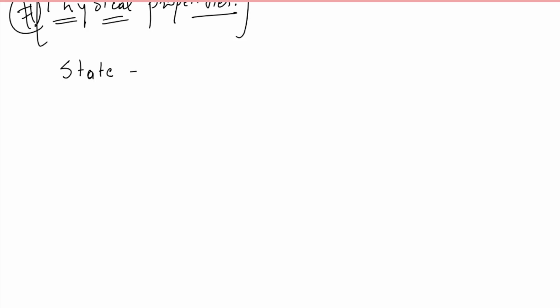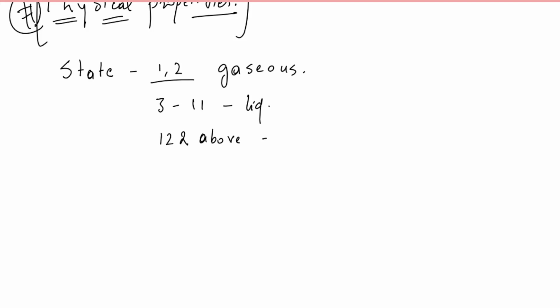One or two carbon compounds are gaseous, then 3 to 11 carbon compounds are liquids, and 12 and above are solids. This is the general trend in case of haloalkanes and haloarenes.